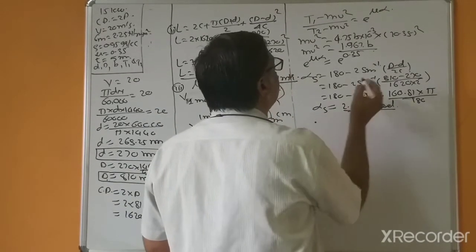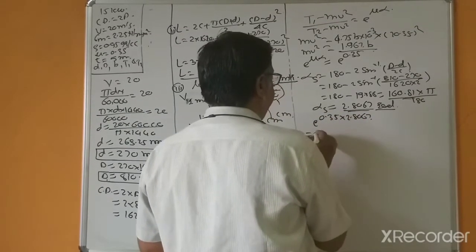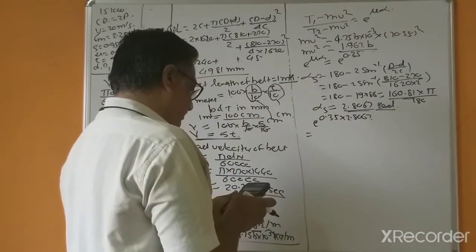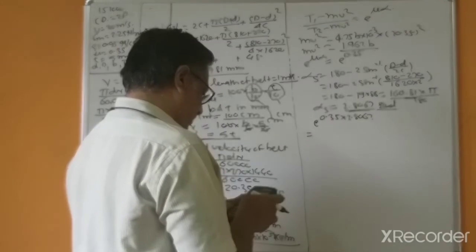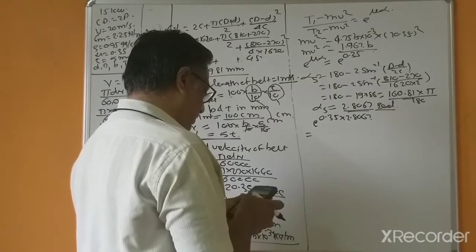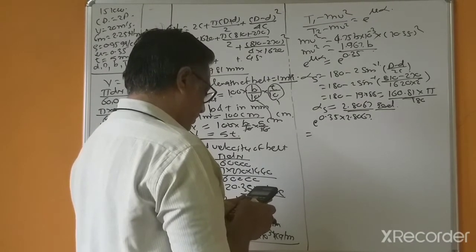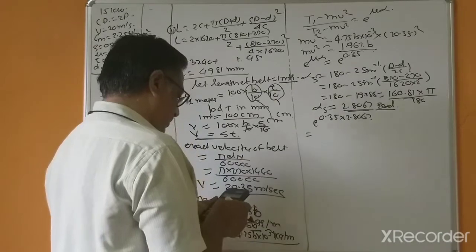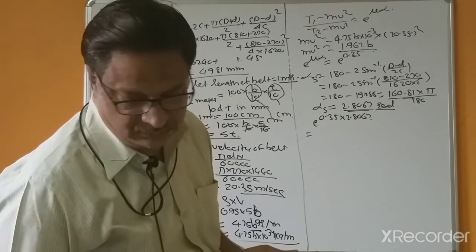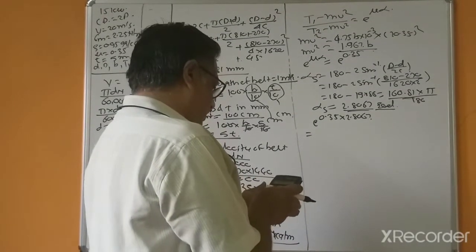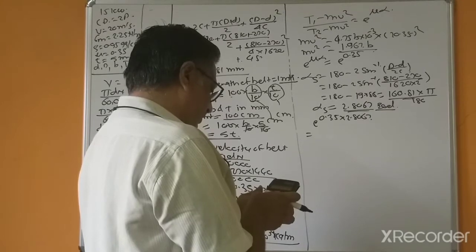So e to the power 0.35 multiplied by 2.8067.